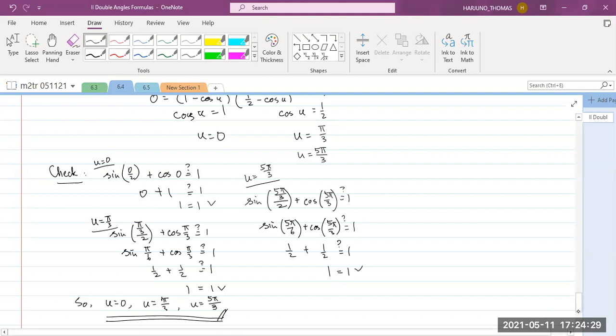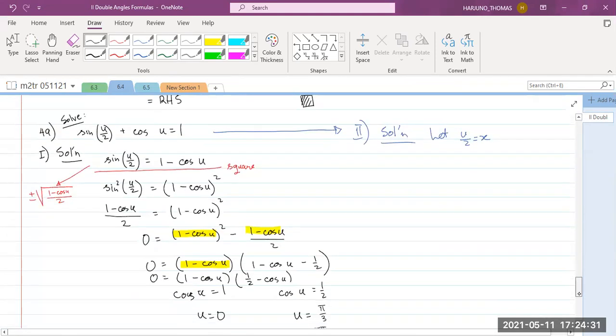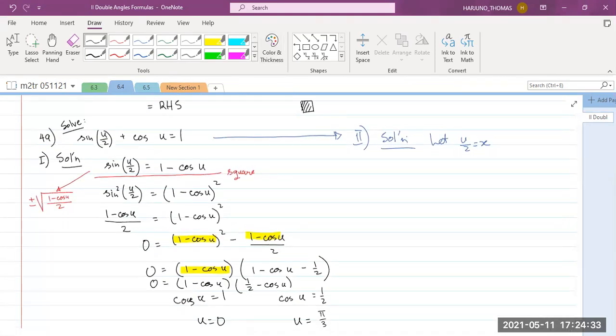Okay, now the second method, I have only 1 minute left, but let me show you the second method. So let u over 2 equal x. Cosine 5 pi over 3 is negative 1/2. I don't think so. How do you get that? Cosine 5 pi over 3, that's quadrant 4, right?